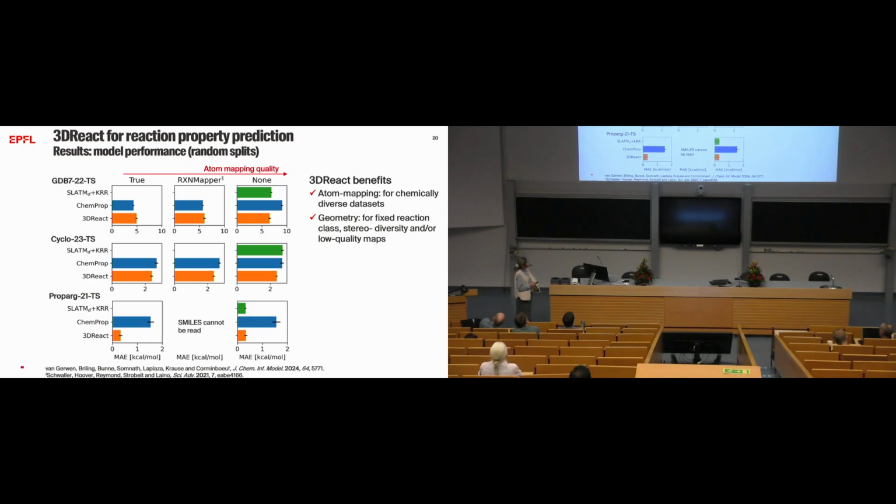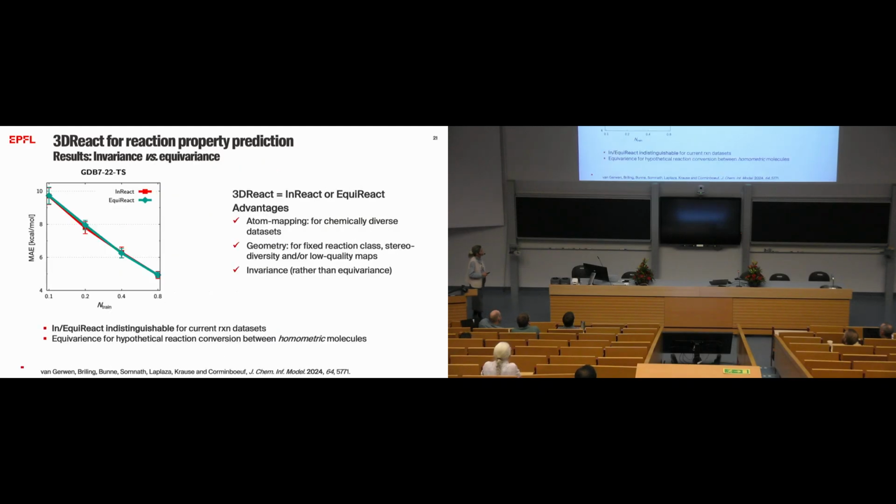So geometry and atom mapping are indeed very important. And for 3D React, it remained very difficult to achieve, for instance, real live test sets that are interesting to the chemists around us.